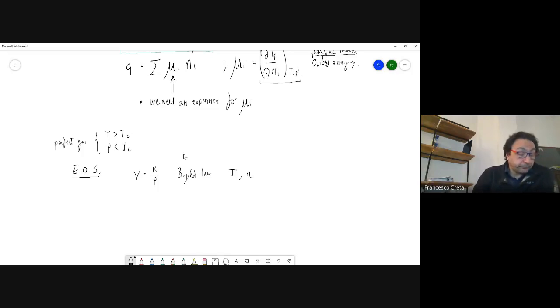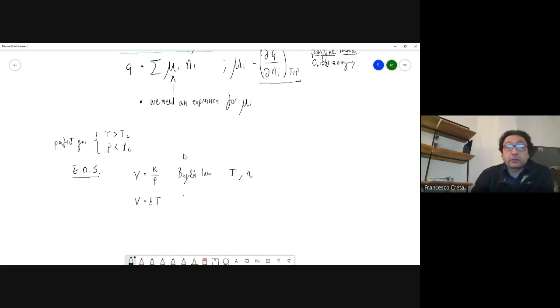On the other hand, another law says that, so K is a proportionality constant of some kind, and B will be another proportionality constant.